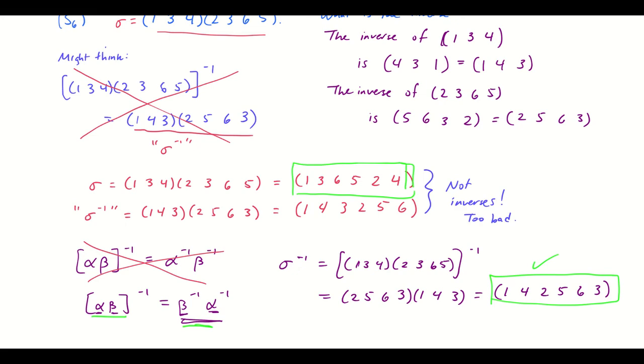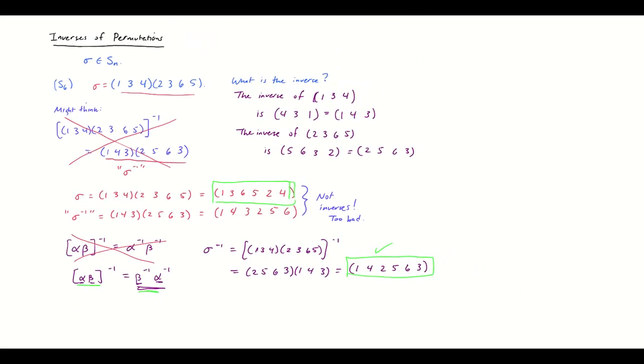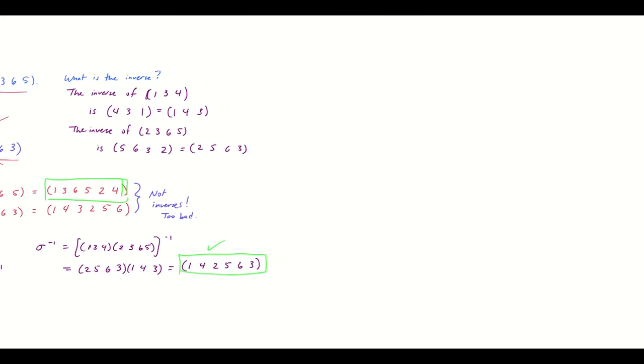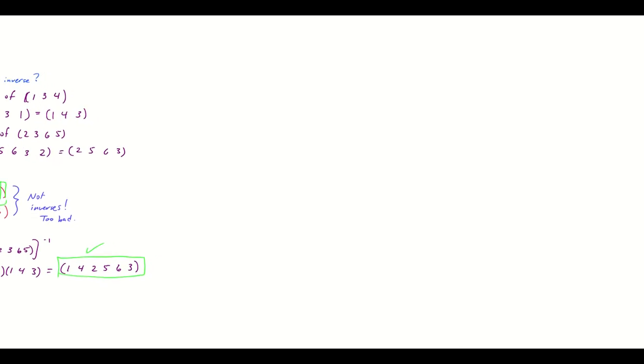All right, one more thing. So what if I have a product of disjoint cycles? Because I've already demonstrated every permutation can be written in that way, as a product of disjoint cycles. So what about in general? Let's say I have a disjoint cycle notation.